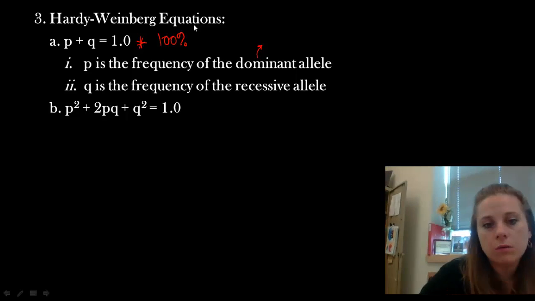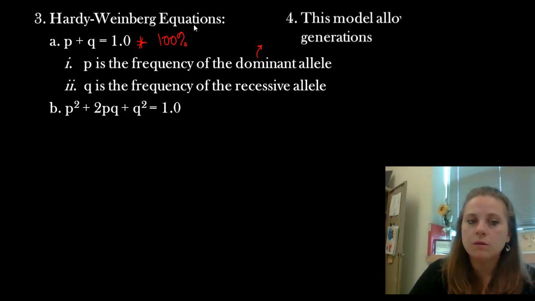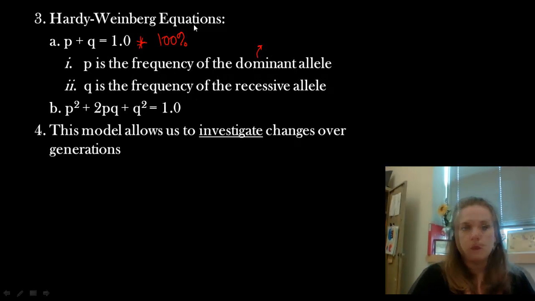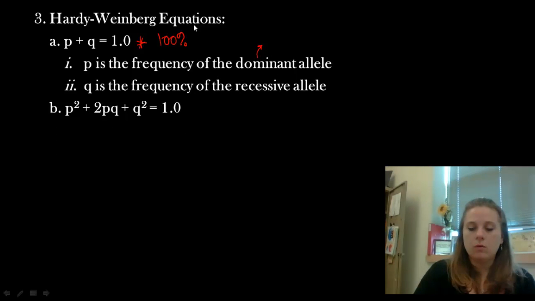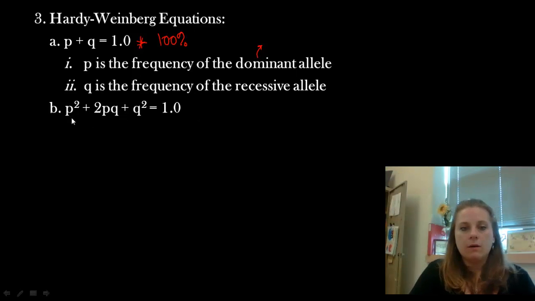The other equation that we're going to look at is p² + 2pq + q² = 1. This particular equation is going to allow us to determine the frequencies of genotypes.